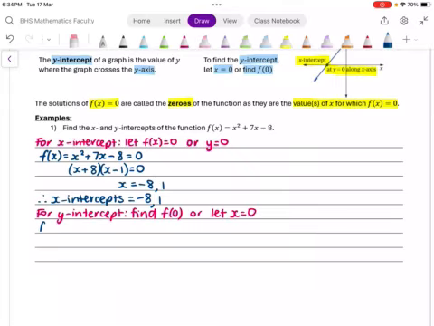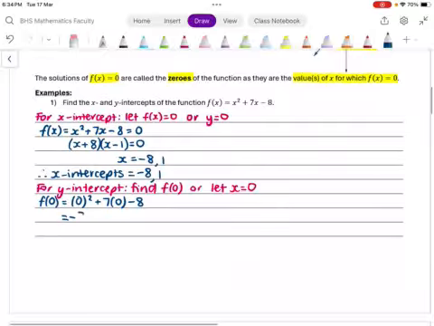So to find f of 0, we have 0 squared plus 7 lots of 0 minus 8, which when we put that into our calculator, we get that it equals negative 8. So therefore, our y-intercept is equal to negative 8.